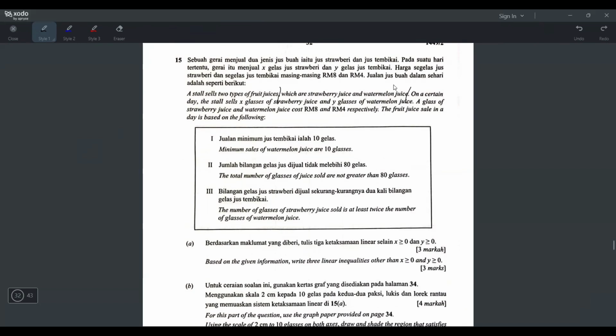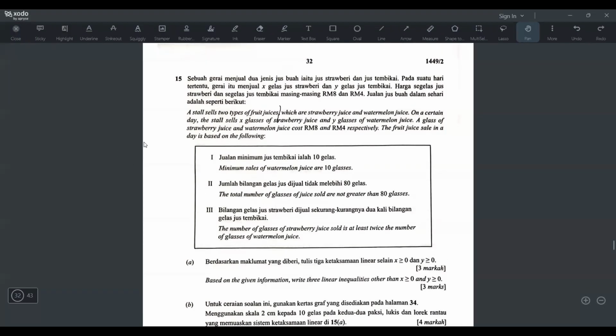When we do linear inequalities, soalan ketaksamaan, they will always ask us to write linear inequalities. And it's very hard for us to write if we don't know what the x and y represent. So if they tell us what x and y represent, you should remember it. I will remember it by writing it like this.